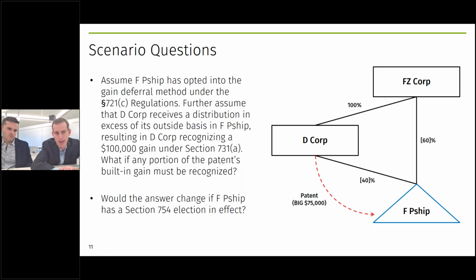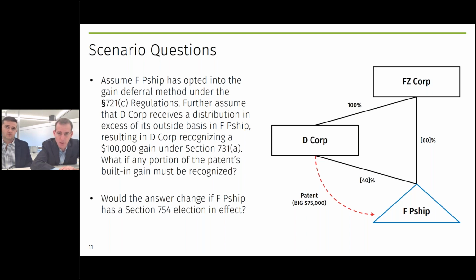But the regs go on to say that gain that D Corp has to recognize, the gain being the amount that the basis is stepped up at the partnership level as a result of the 754 election, is reduced, not below zero, by the amount of the gain that D Corp recognized on this distribution that gave rise to the step up at the partnership level.